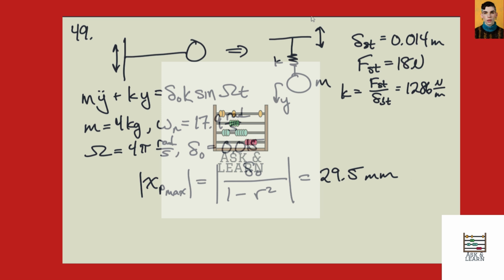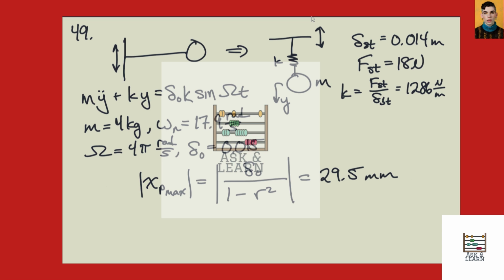And we can see that that amplitude is just the coefficient in front of the harmonic term in our particular solution. And we know this is the forcing frequency divided by the natural frequency. So this is roughly, what, like 12.